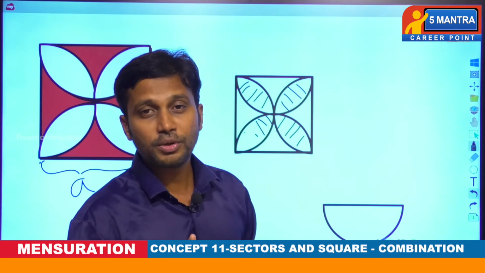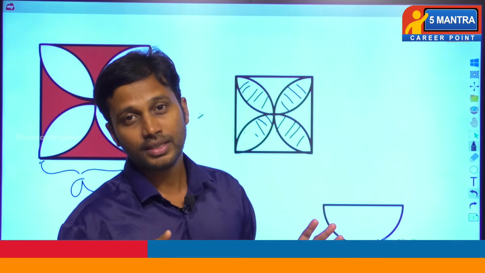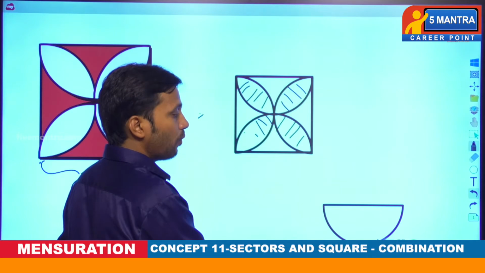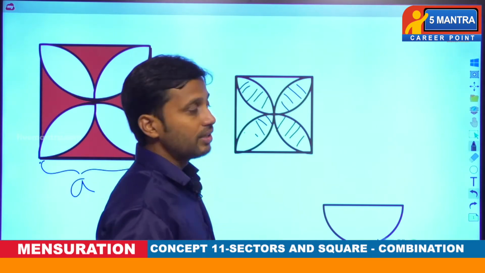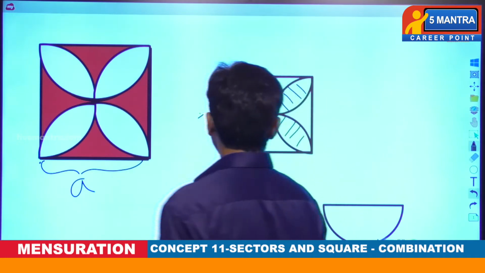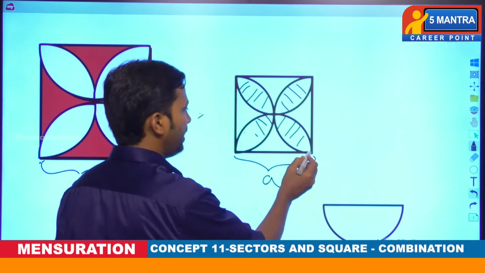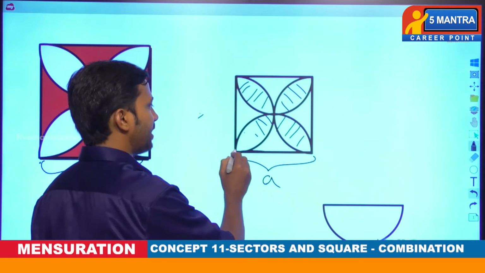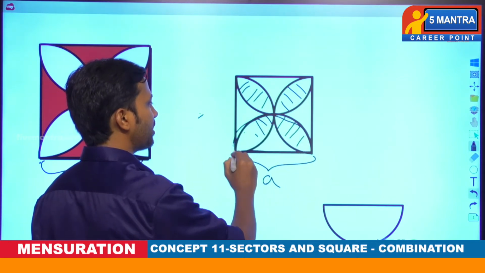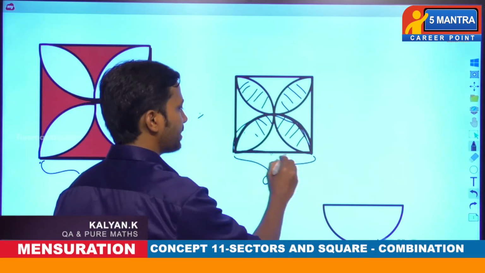If you want to find the area of the semicircle, what measurement is required? For finding the area of each semicircle, what is required? Radius or not? As we said, the side of the square is A. When the side of the square is A, does it behave as the diameter of each semicircle or not? Is it a semicircle or not, guys? See here, this is a semicircle, and this is its diameter.